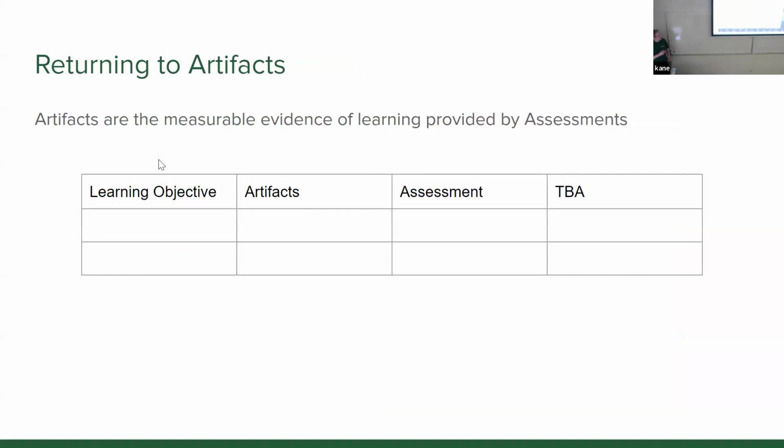So we're just going to return to artifacts for a moment. If you recall, I gave you this worksheet on the first day. So again, it was a link in the companion course that would create your own copy. And now we're expanding this a little bit. So we still have our learning objectives, but what I'd like you to think about now is what artifacts might represent those learning objectives, and then what assessments would generate those artifacts.